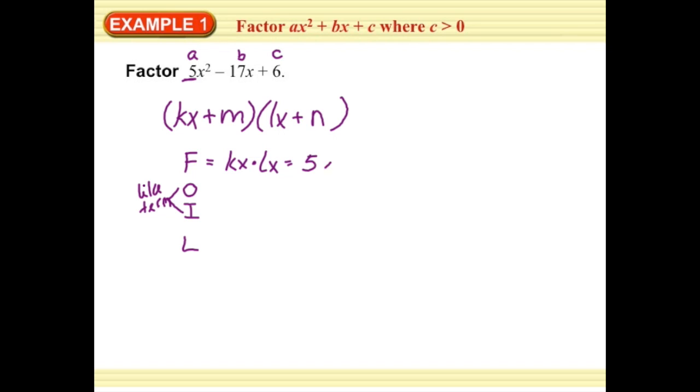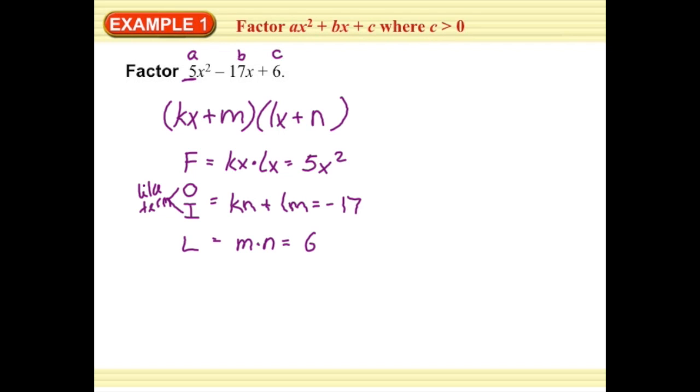My middle term, my b value, is the combination of the outer terms and the inner terms. So I have k times n plus l times m, and they need to equal negative 17. Lastly, I have my last terms, which is just, in this case, m times n, and that needs to equal positive 6 for my equation to work.